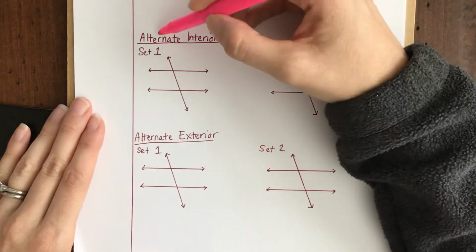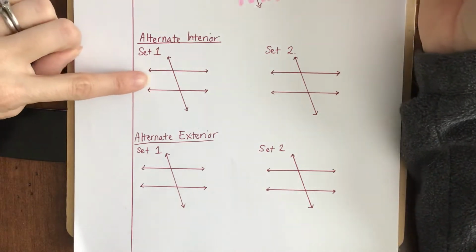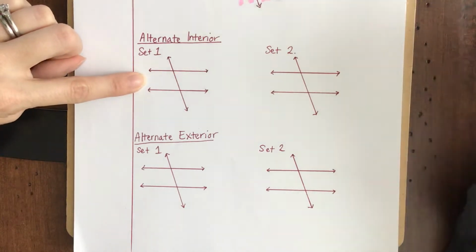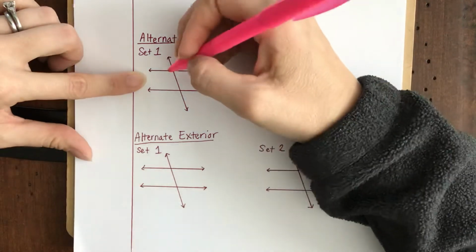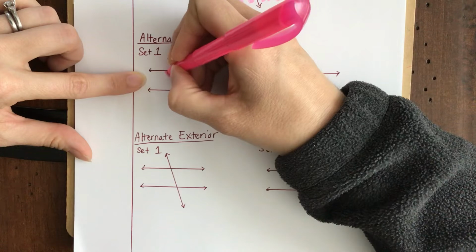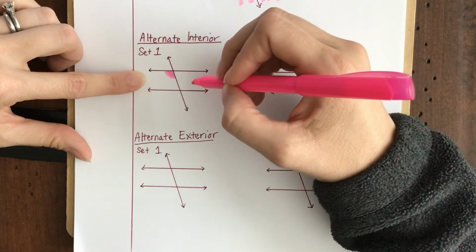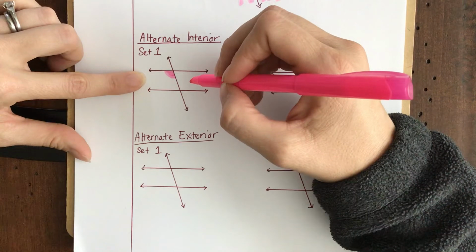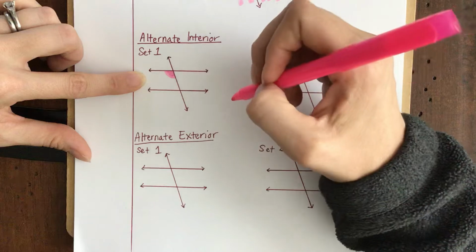So an alternate interior angle, we know that it's going to be on the inside because it's interior. And alternate means opposite. So if we're looking at this angle right here, we want to find the angle that's also on the interior, but on the opposite side of the transversal on the opposite parallel line.